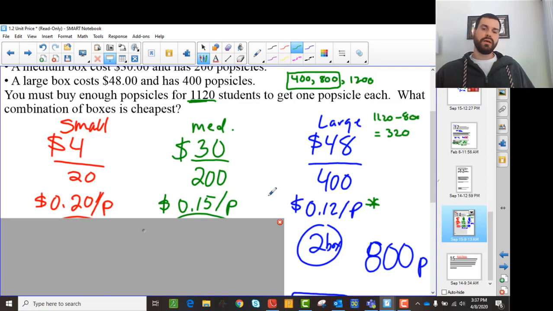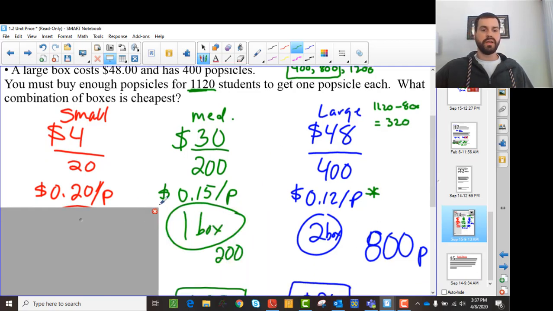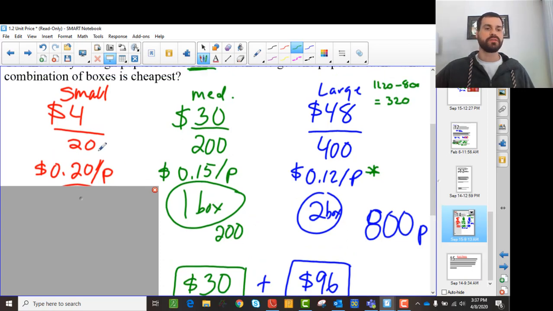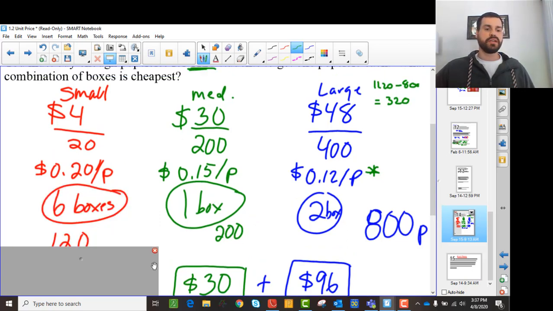Okay, so I want to buy as many $200 popsicle boxes now as I can. I can only buy one because that's going to get me down to 120. Okay, so I've got 800 there, another 200 gets me to 1,000. So that leaves me with 120 popsicles, which means I need 6 boxes of the small ones.